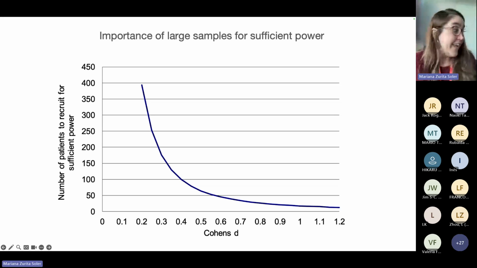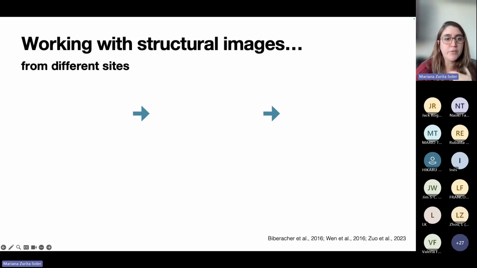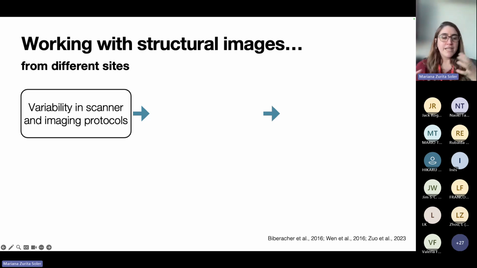Hello, everyone. So now I'm going to go back into what we're doing in Psy-ShareD. We're working with structural images from different sites. What that means is that we get a lot of variability in the scanner and imaging protocols.